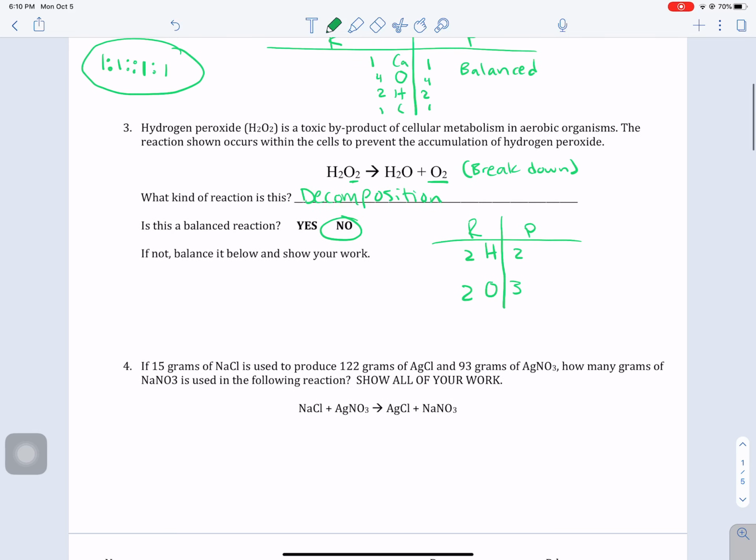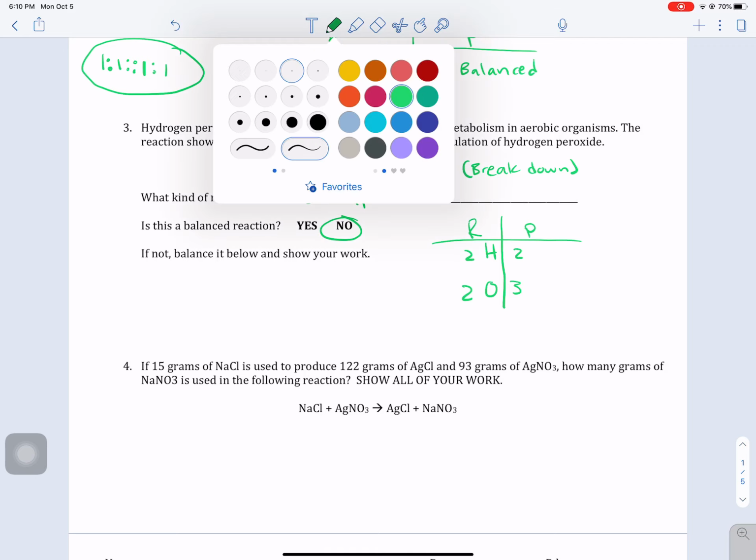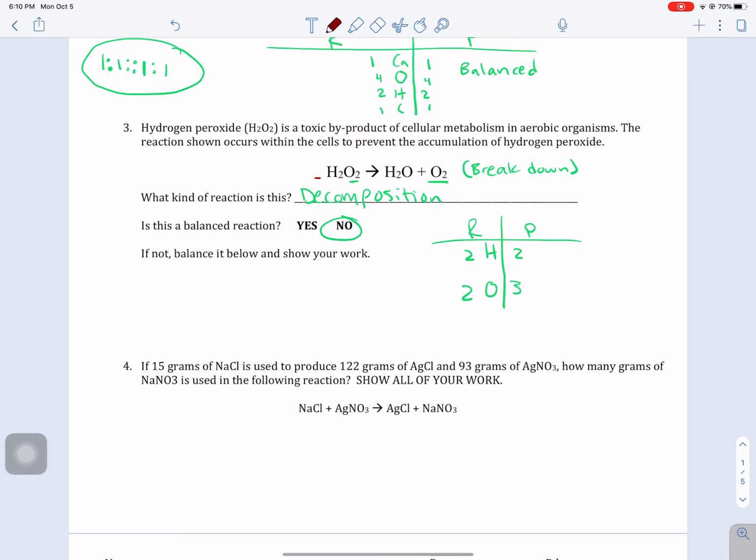Remember, with oxygens, we're trying to get an even number. What I would recommend is we use a different color so you can see. Let's put 1 here, here, and here. We have 2 oxygens here. If we put a 2 right here, that would give us a total of 4. Remember, whatever you have on this side, you have to have on the other side.